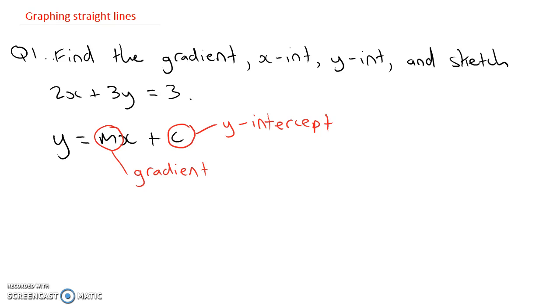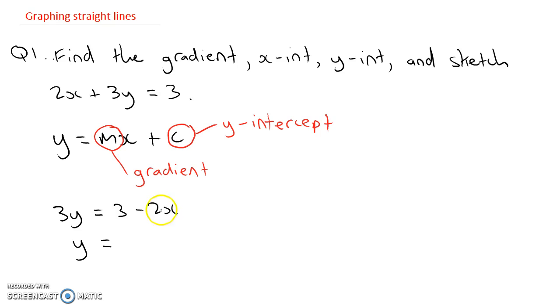So we want to make y the subject, so 3y equals 3 minus 2x. So all I've done is bring the 2x over to the other side. Now we want to divide everything by 3 because we want y by itself. So we'll get y equals.